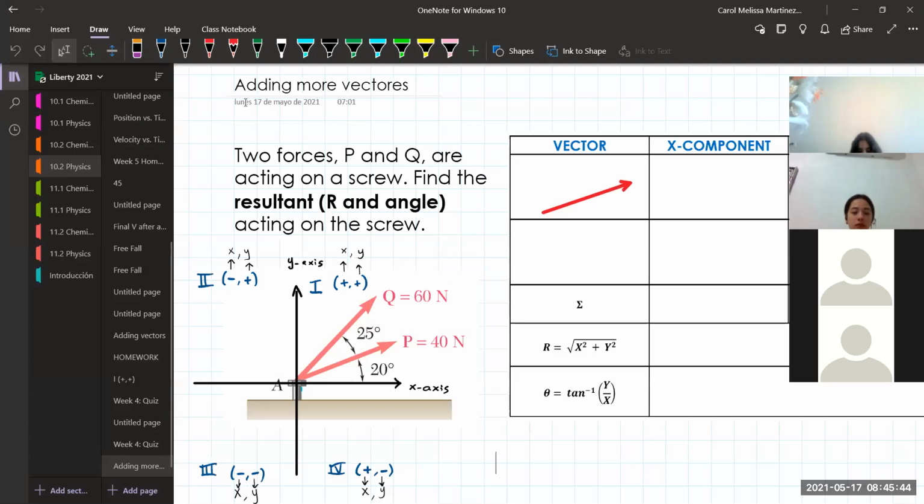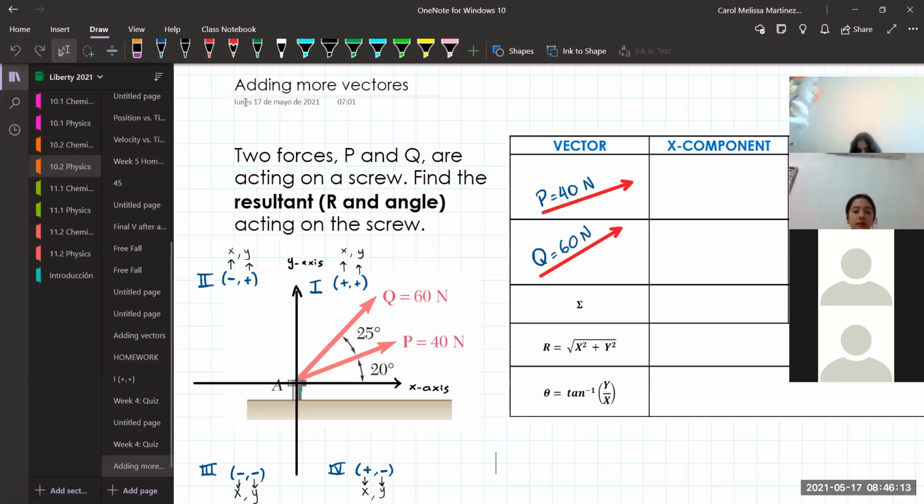I have my vector P and I have my vector Q. I'm going to put all the information I consider useful. For example, here is Q. And this one is P, which is 40 Newton.